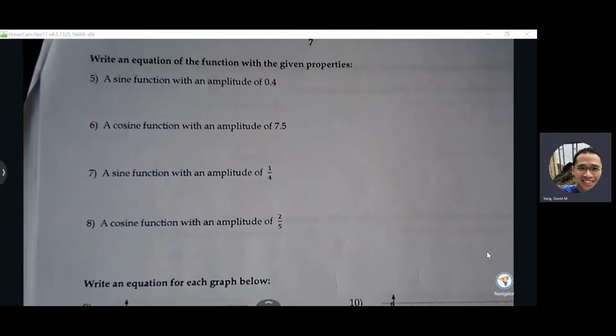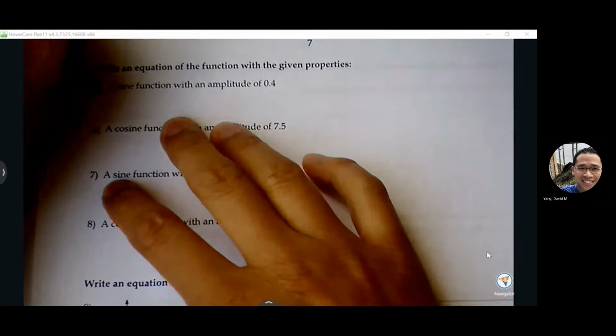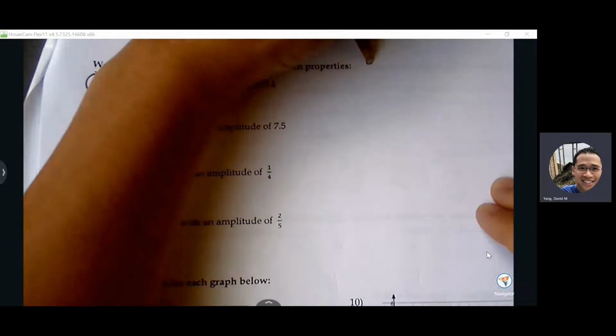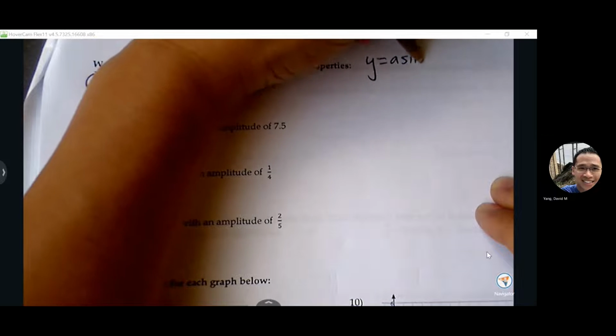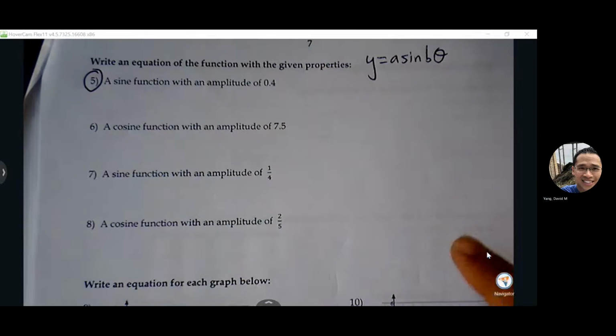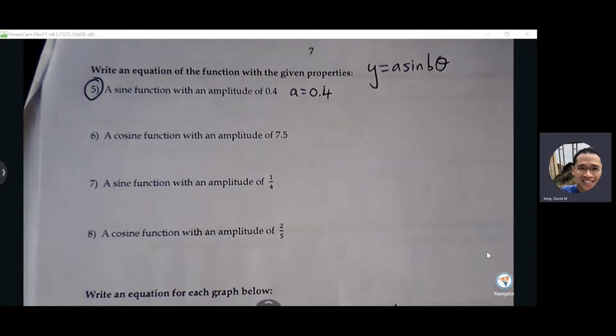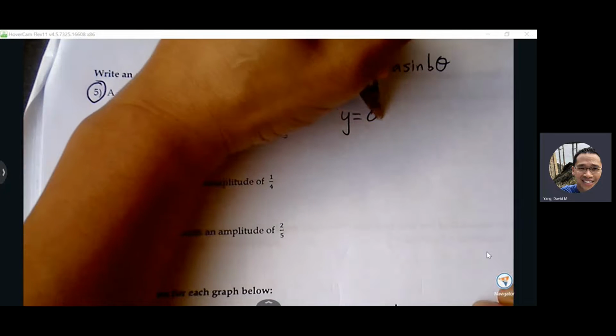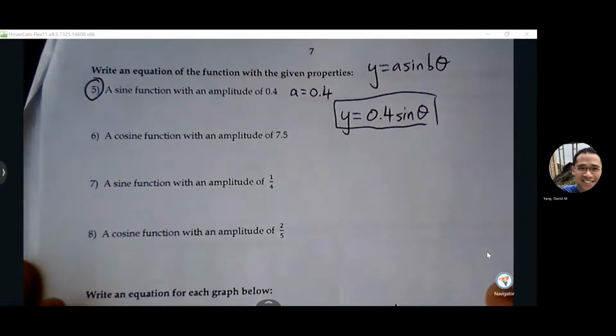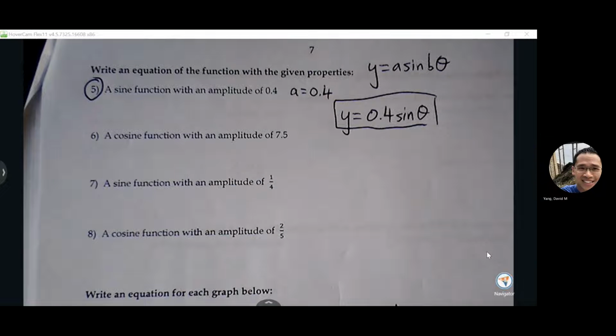So number 5, it says, write a sine function with an amplitude of 0.4. This one's pretty easy here because we just have to replace the A value with 0.4. And it looks like there's no change to the B value. We can leave that as 1. So y is equal to 0.4 sine of theta. 6, 7, and 8, they're all easy, right?